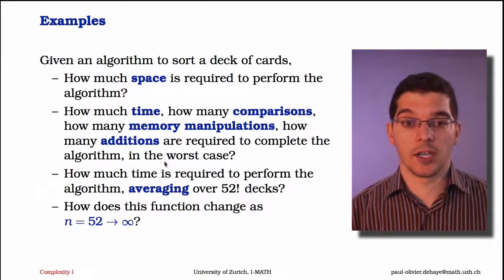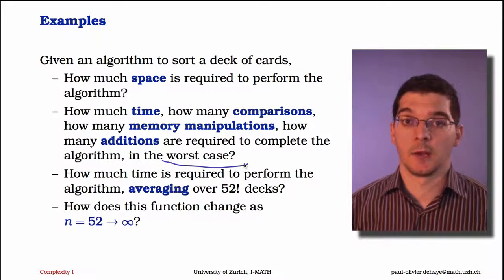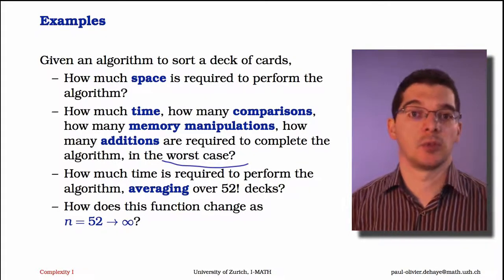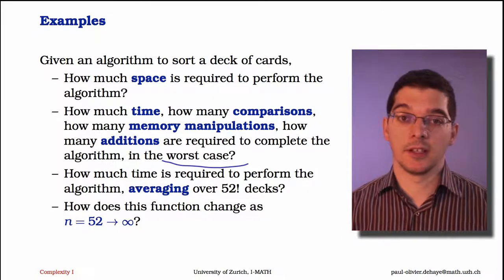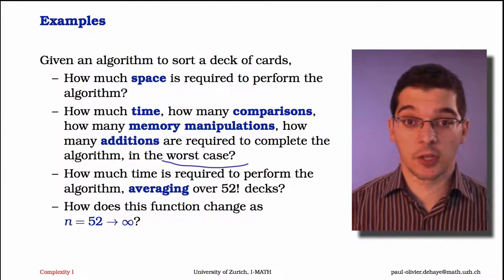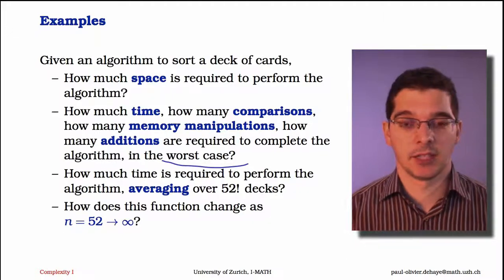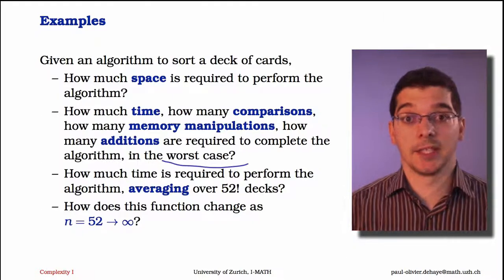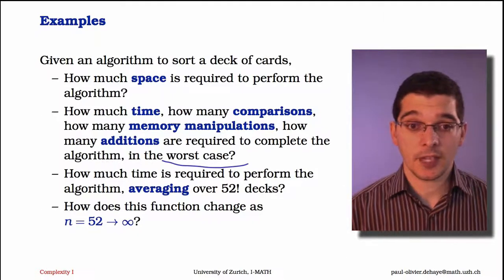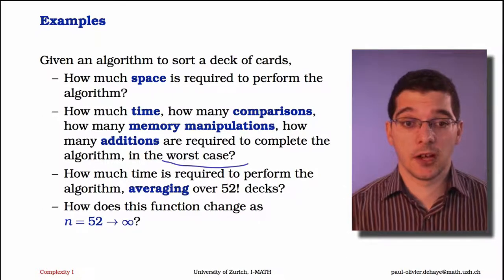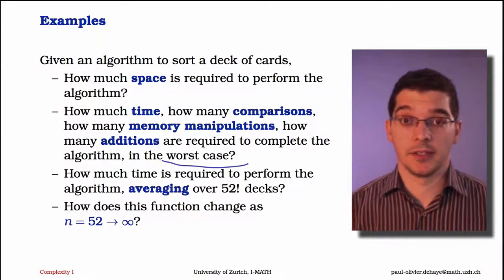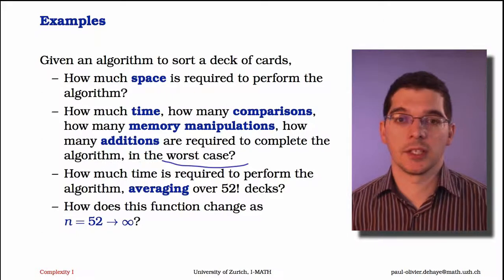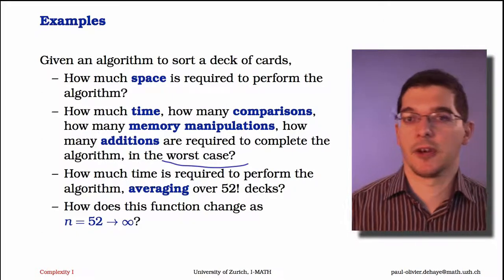But the important part here is the worst case. You could ask, how long will it take me to sort this deck of cards if the deck is originally particularly badly ordered? And this bad depends on the algorithm itself. Now, here is another question. How much time is required to perform the sorting algorithm on average? Here, you are not assuming that you have a particularly bad deck of cards to start with.